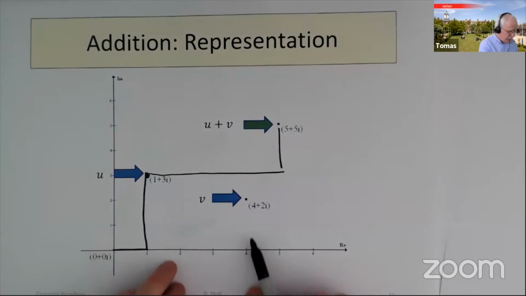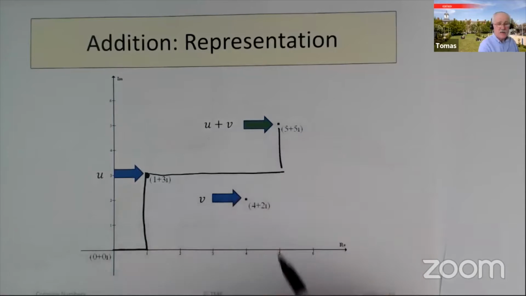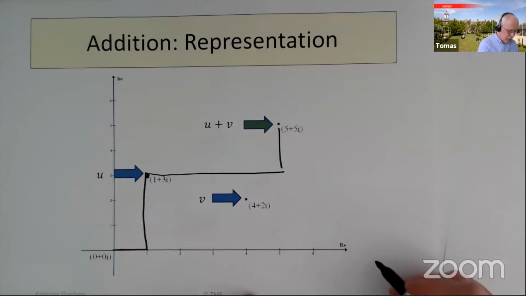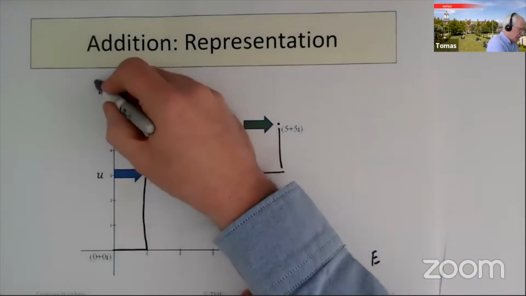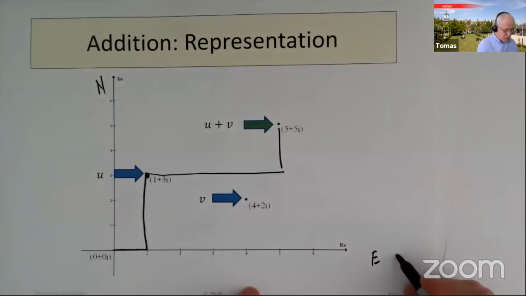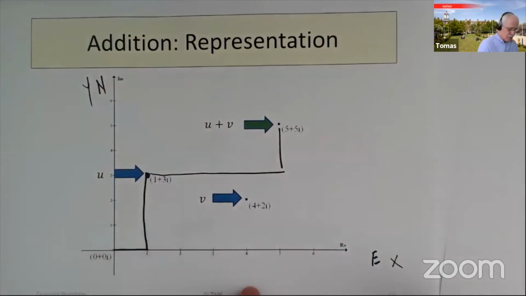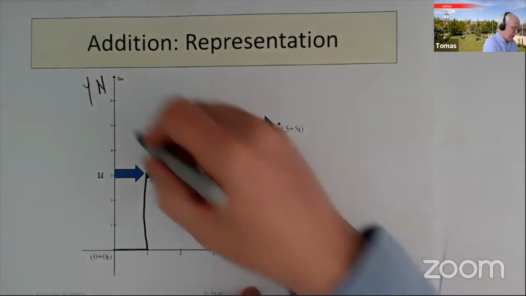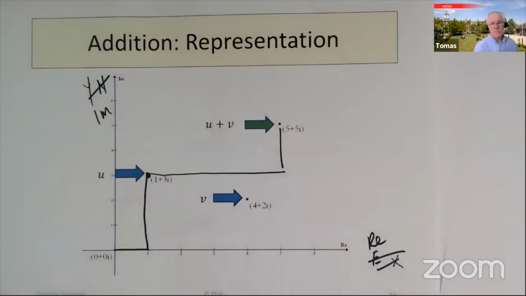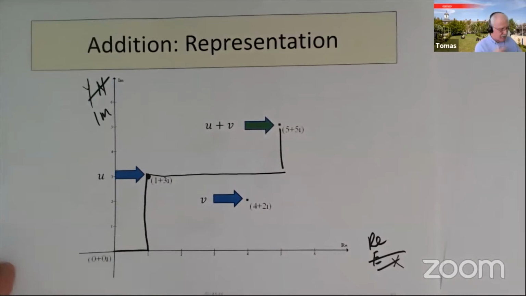Or if I went out to 4 out here, and then 1 plus 3i, I'd end up in the same place. Doesn't matter which way I go first. So if you imagine this were east and this was north, it would work. If this was x and y, it would work. But it's real and it's imaginary. That's all. Apples and oranges.